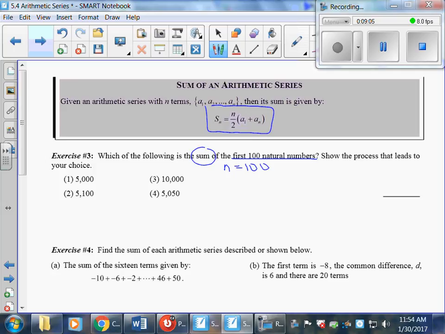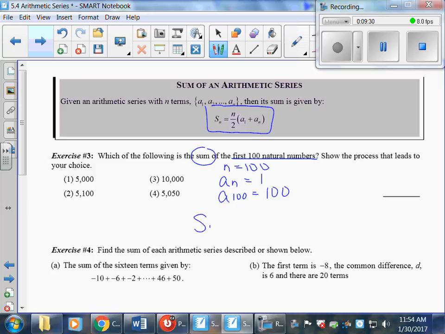Do we know the first term? The first term of a natural number? Let's say a sub n is equal to, natural numbers are counting numbers, so it has to be 1. And we know the last term, which is a sub 100, actually is 100. So what do we get? We're using our formula.